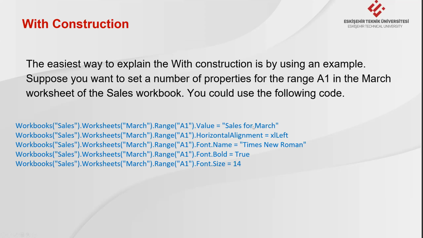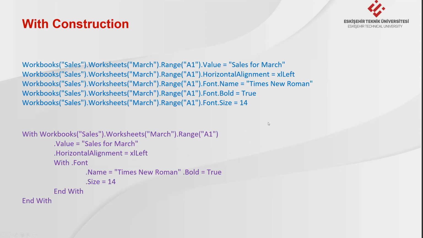And then again, we can do the same thing for horizontal alignment. We can do the same thing for font name, font bold property true or false, and font size. We can set the font size to 14. So as you see in here, we write the same thing again and again. With the With construction, we can do the same thing as at the bottom side in here.